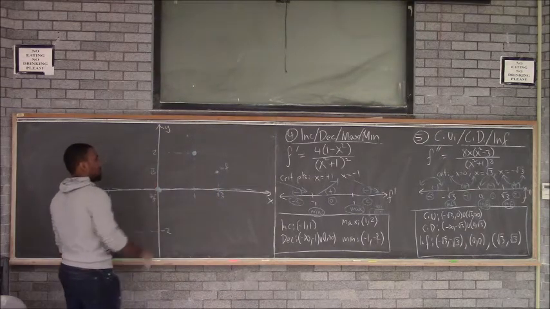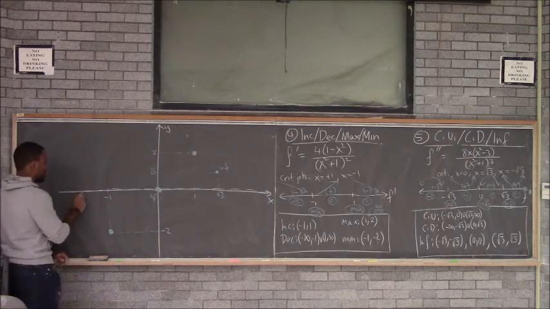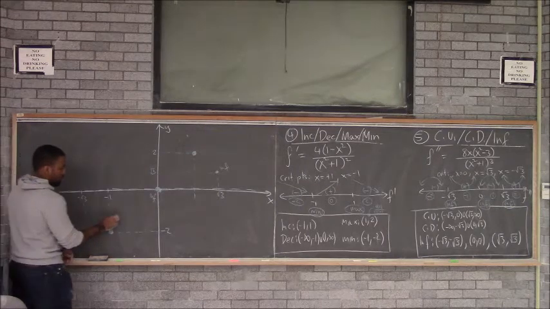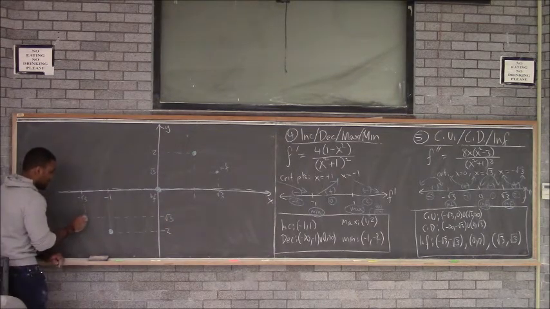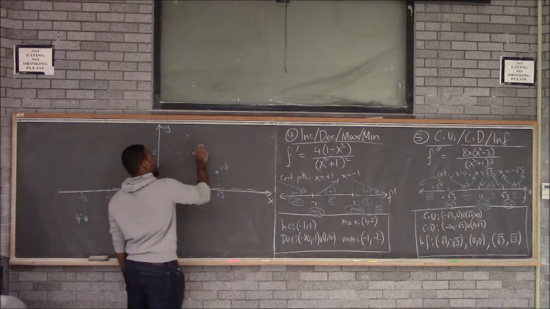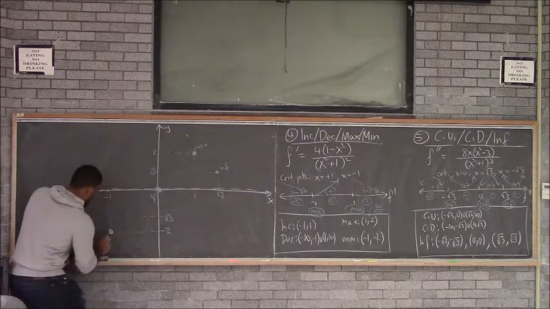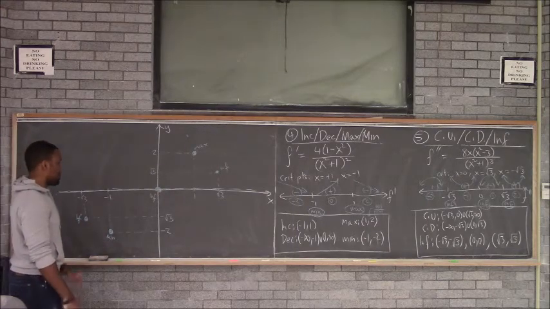We also had an inflection at minus radical 3. Label that inflection. This was a max, you label that. This was a min, you label that. So I'm summarizing all my calculations on this picture.